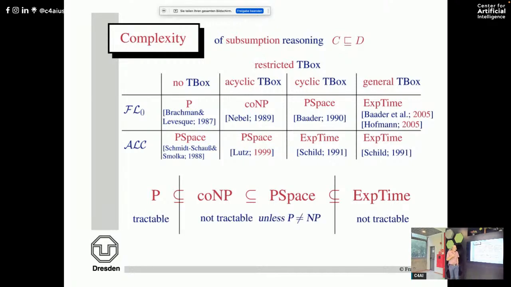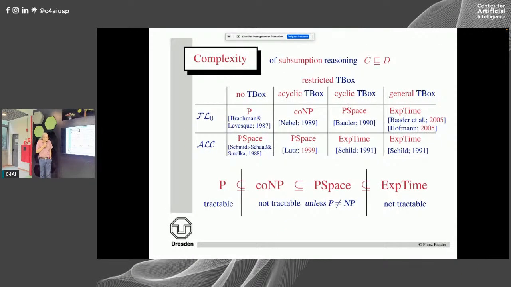So P, we say tractable, EXPTIME definitely not tractable, and co-NP and PSPACE, there we have this kind of thing, not tractable unless something revolutionary happens in complexity theory, like P equals NP is shown.